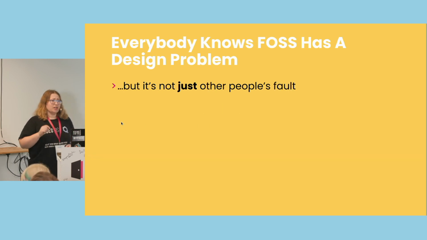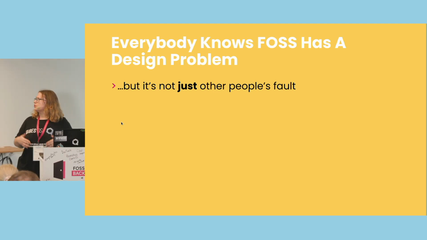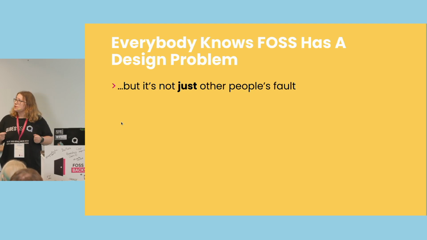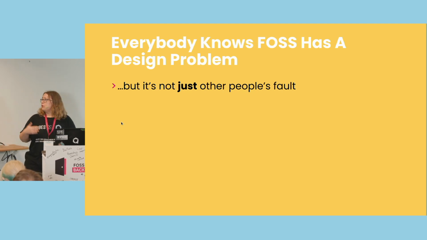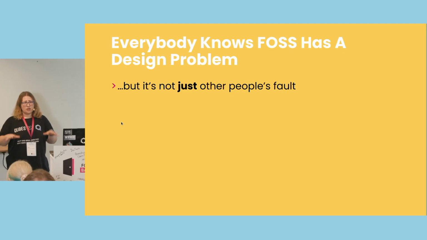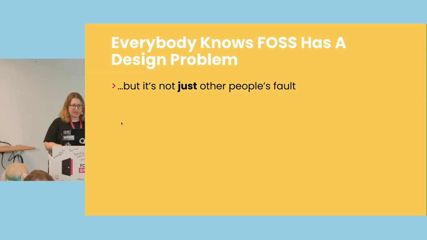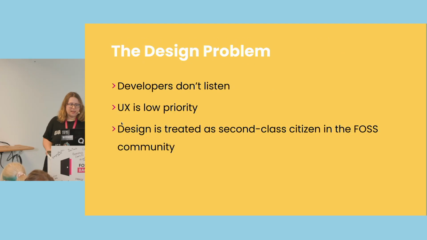But I don't think it's just other people's fault. It's not just the fault of the open source developers who are so set in their ways. It's not just the fault that we don't have enough money. Sometimes it's on us, on the design people, that we do not really communicate well with the engineers and developers.